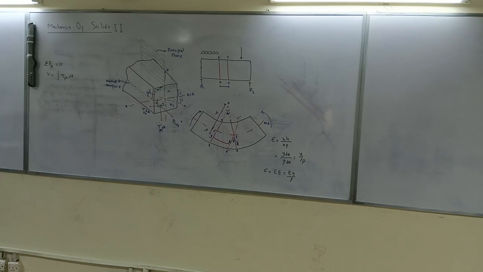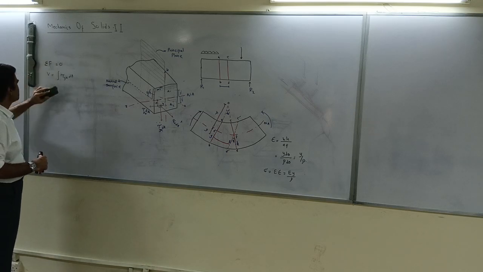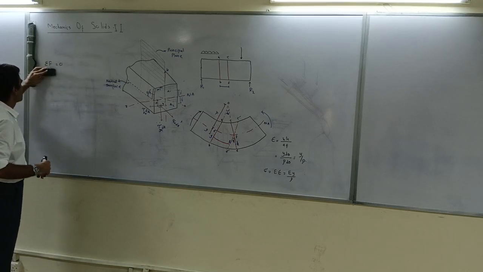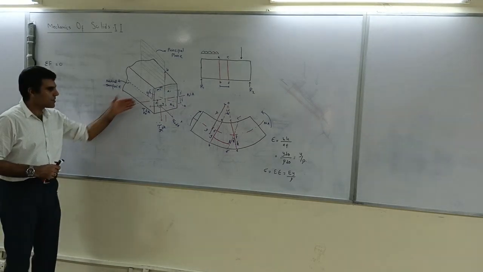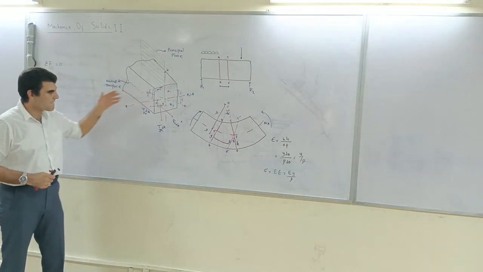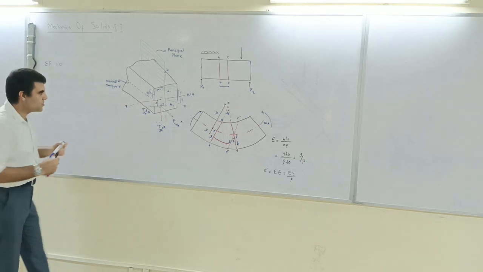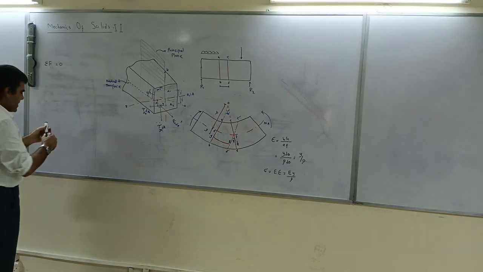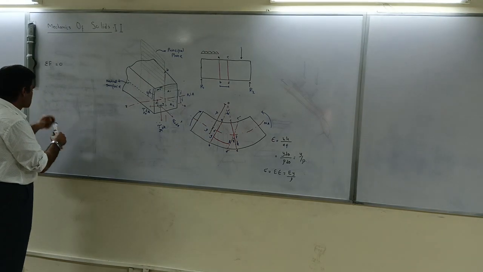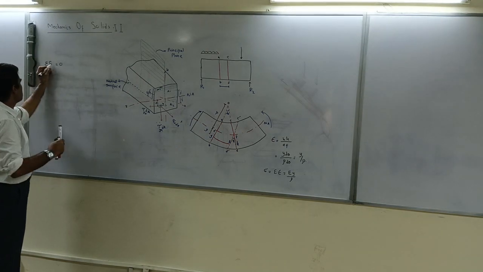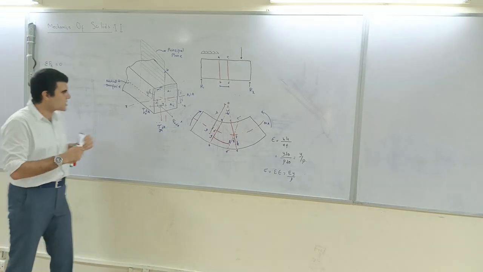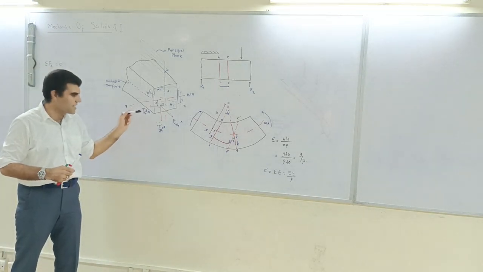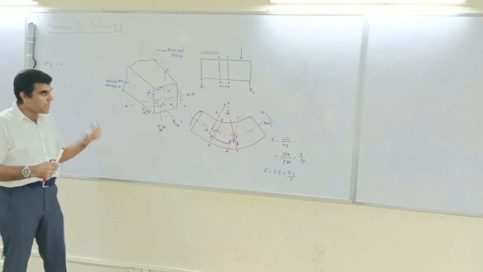Now after this we have force in the z direction. Summation of all the forces in the z direction must be equal to 0, and tau zx dA must be equal to 0.